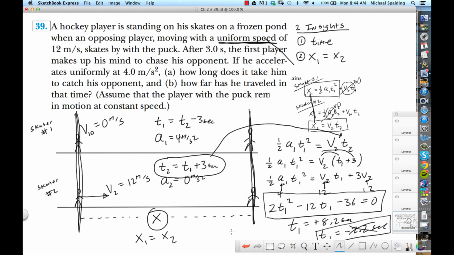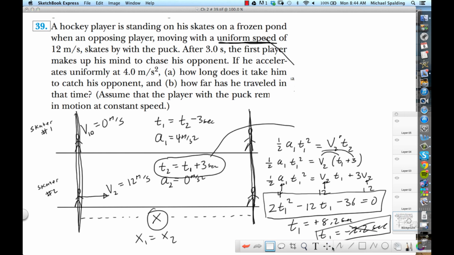All right, part B: how far has skater 1 traveled in that time? This can be solved with a motion equation. For part B, we now have the time. So let's use x equals 1/2 at squared plus v initial t, for skater 1.